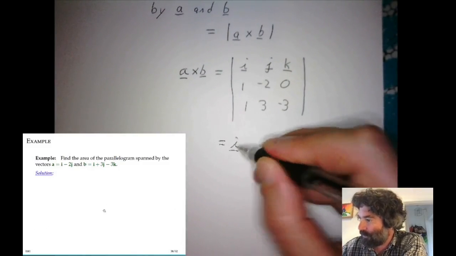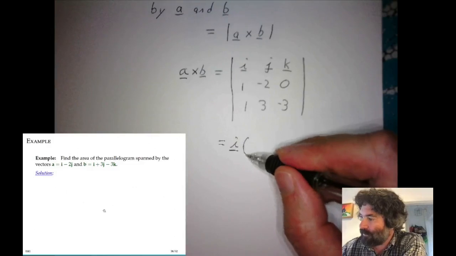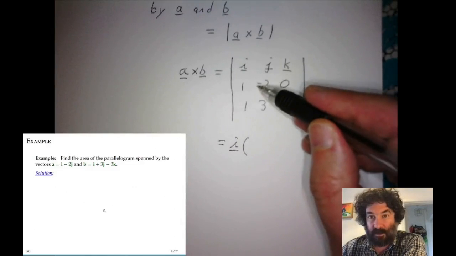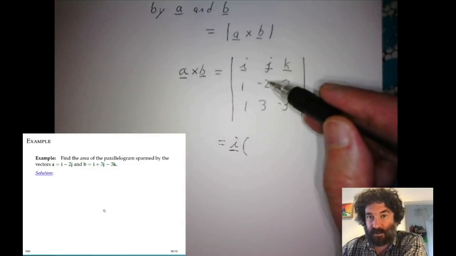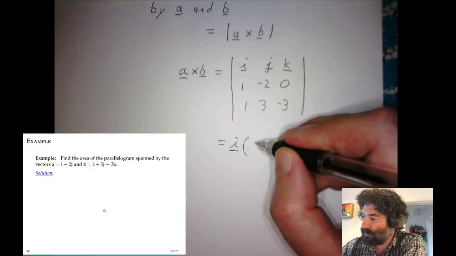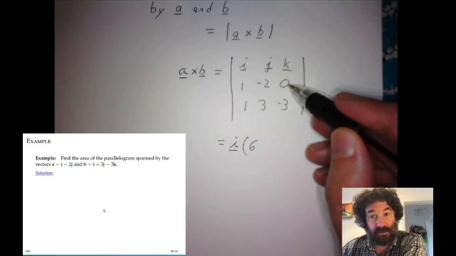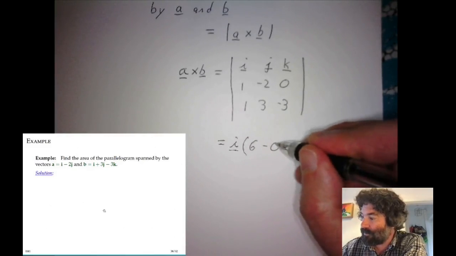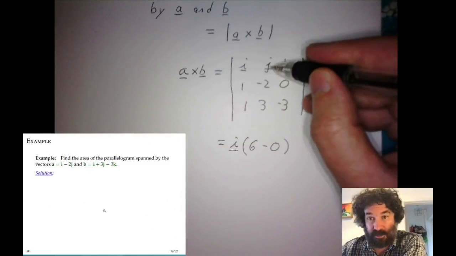So we go along the top row. We first have i times the determinant of this 2 by 2 submatrix here. So that's -2 times -3, which is 6, and then minus the product of the off-diagonal entries, which is here 0 times 3, or 0. Okay, then we go to j.